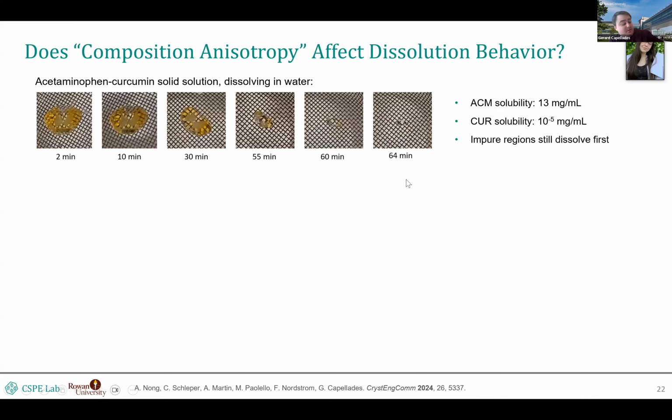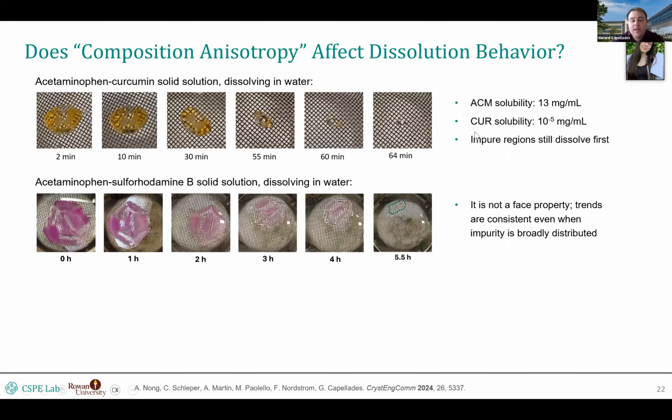It's surprising because acetaminophen solubility in water is like 6 orders of magnitude larger than the curcumin solubility. But this is not about the affinity of the impurity for the solvent. This is a comparison between a lattice that is pure and undisturbed and a lattice that contains the impurity. And that's one system where the solubility enhancements were very, very difficult to see.